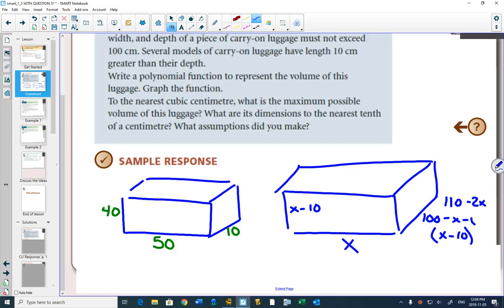This is a way to set it up. So I first looked at the numbers, and then after looking at the numbers, then I would go back and say, if I did the same thing with algebra, what would it look like?